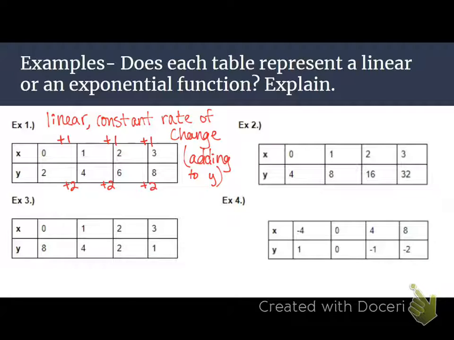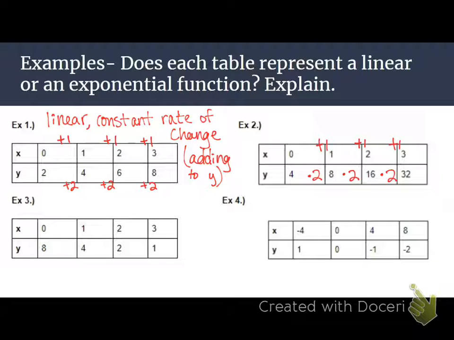All right, on example 2, again, we notice that our x's are adding 1 every time. That makes it a little easier. What's happening to the y values every time? We're multiplying by 2. So 4 times 2 is 8. 8 times 2 is 16. 16 times 2 is 32.